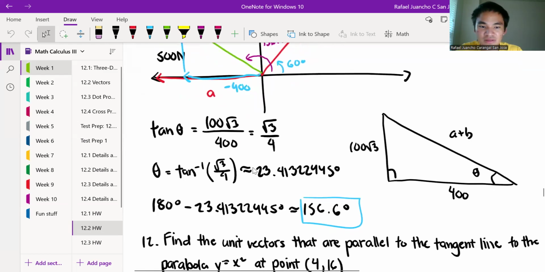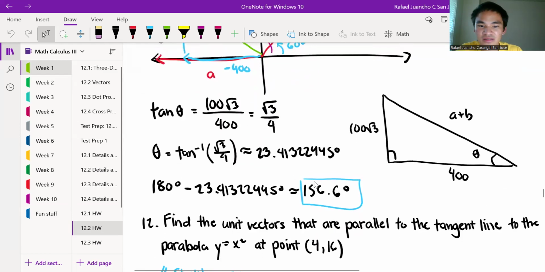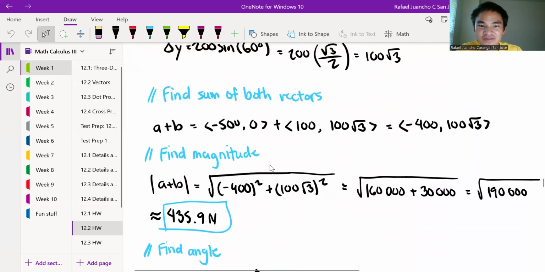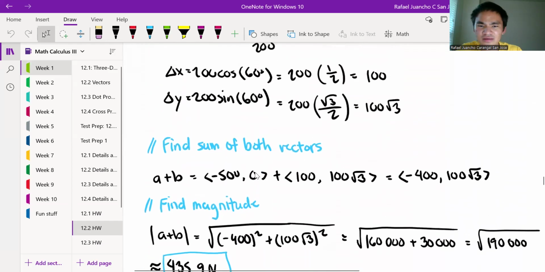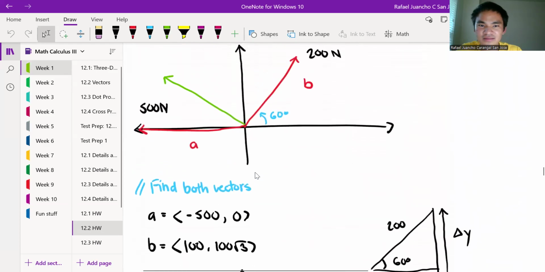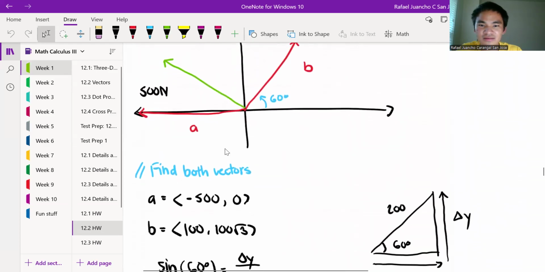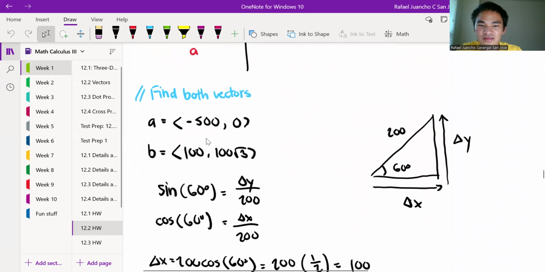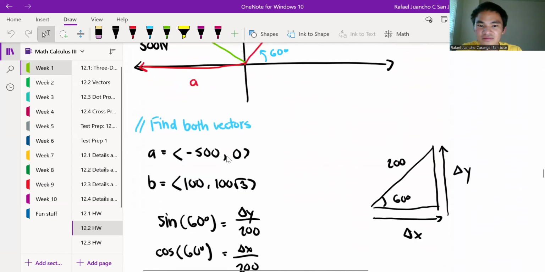I got an angle out of it. Now I subtract, I get the angle. Okay, but how did I get the magnitude? Oh, I added. And then I get there. Huh. Find both vectors. Yeah. Negative 500, 0.